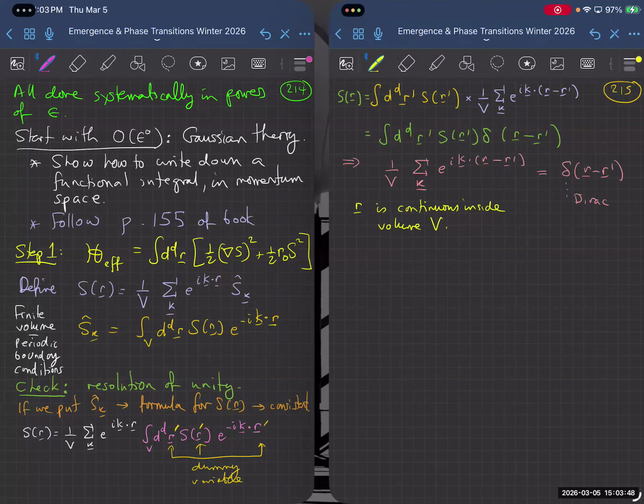So what are the k vectors? The k vectors have to be discrete.